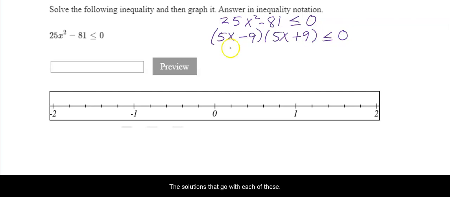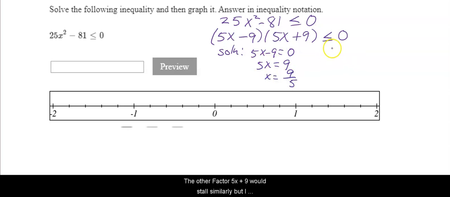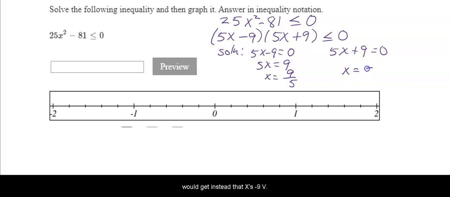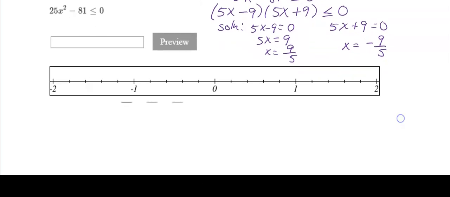The solutions that go with each of these would be as follows. Set the 5x minus 9 equal to 0 and solve. I would get 5x is 9, or x equals 9/5. The other factor, 5x plus 9, would solve similarly, but I would get instead that x is negative 9/5. Now let's produce a table based on those two factors.